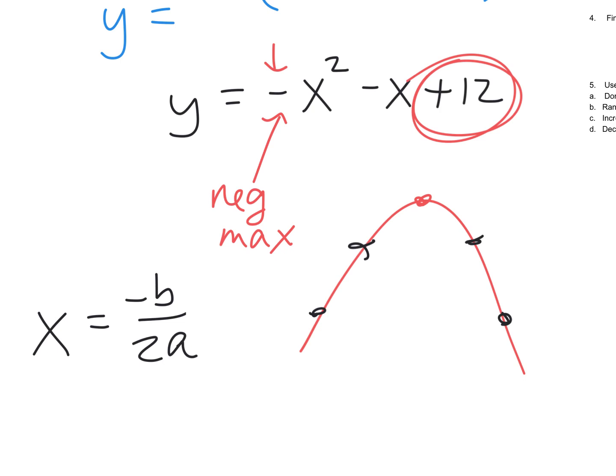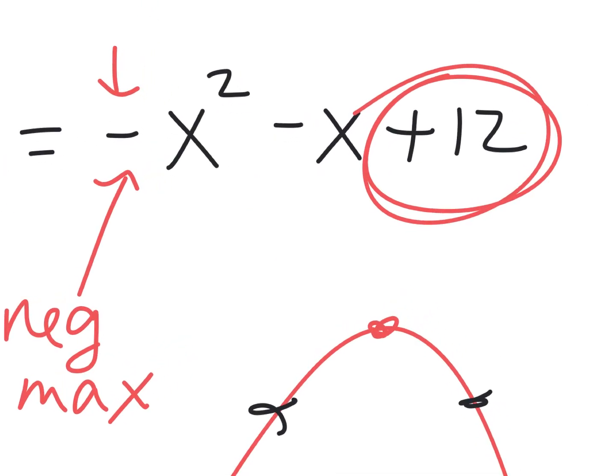B would be 1. Close. What? B would not be 1. -1? Yep, right there. B would be -1. Now, when we do -b, then it'll change to 1.